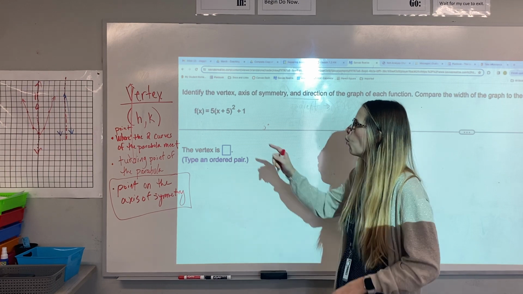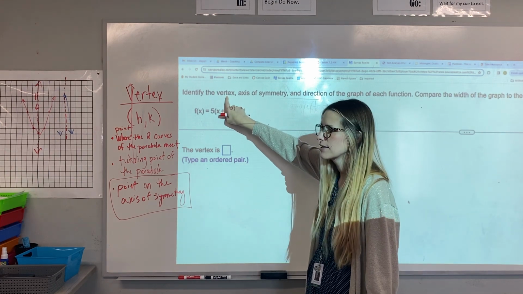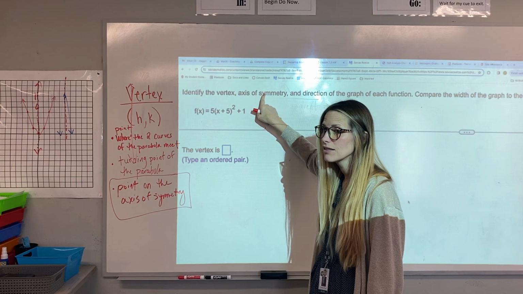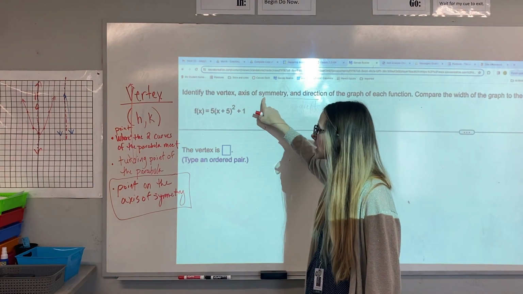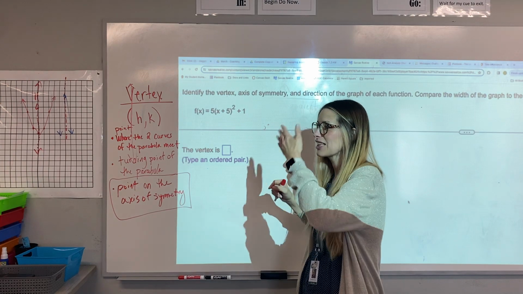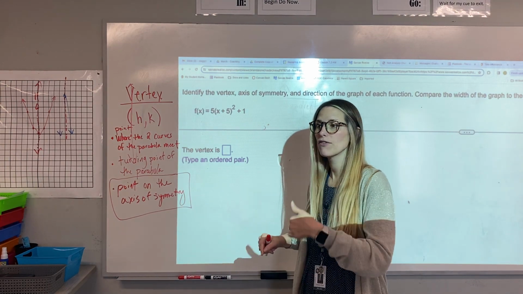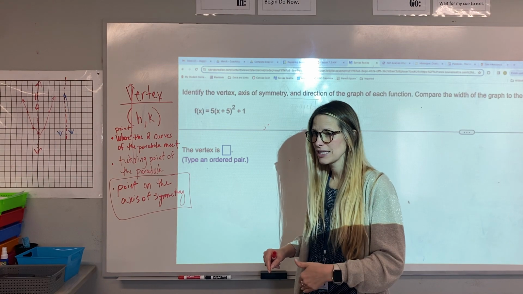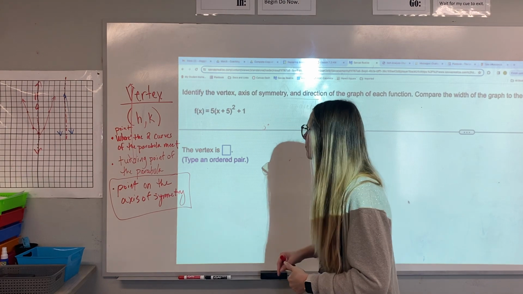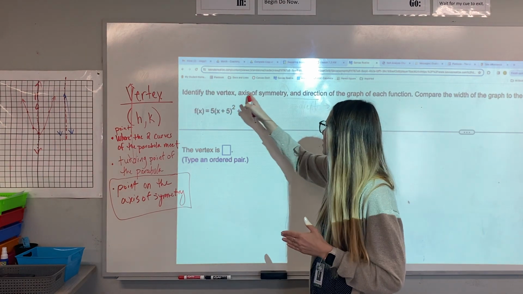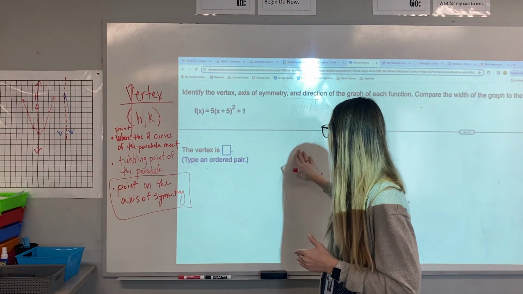First of all, once we identify the vertex, doesn't that also tell us where the axis of symmetry is? Because the axis of symmetry is the line that goes through the vertex on the x-axis. Does that make sense? So when we do these in order, it will help us.